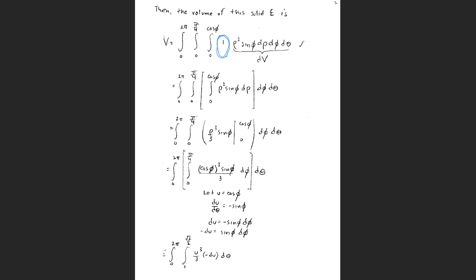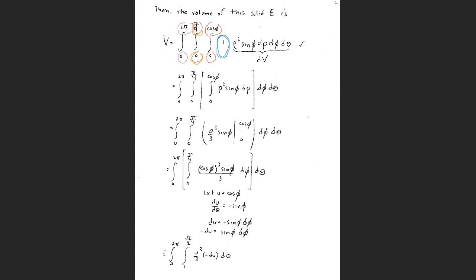And then, here are the limits. Rho goes from 0 to cosine of phi. Phi goes from 0 to pi over 4. And theta goes from 0 to 2 pi.